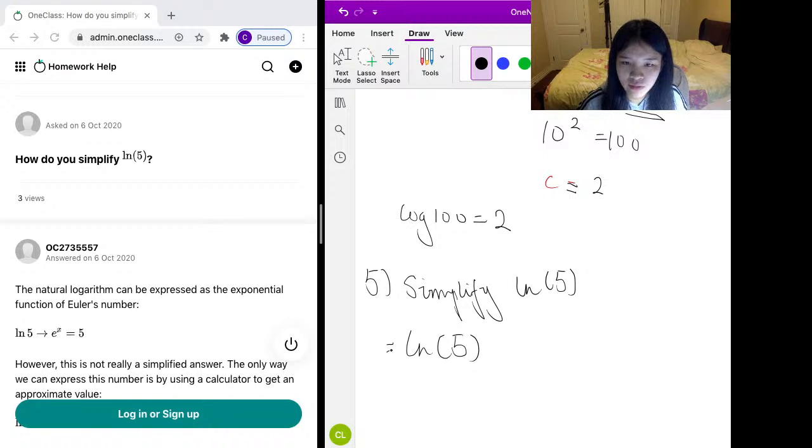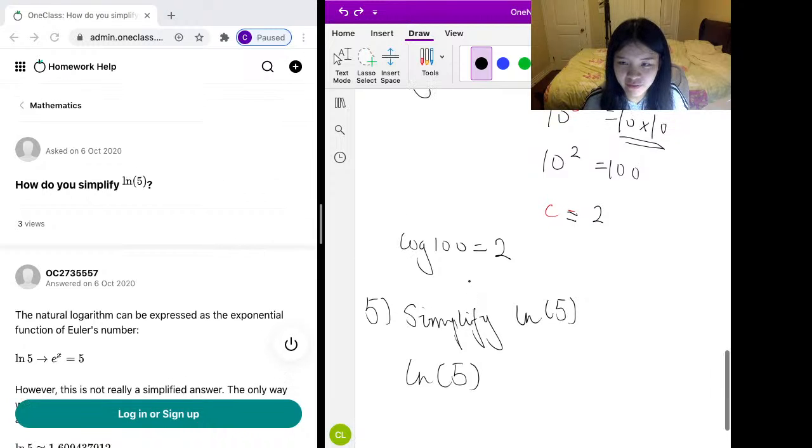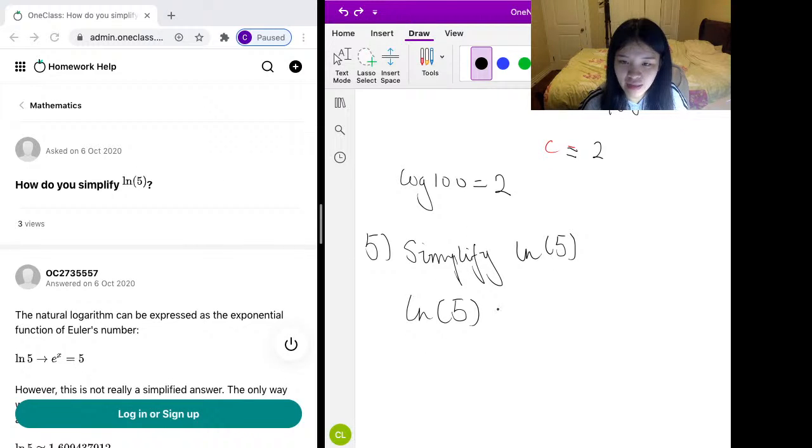One way to change the expression ln 5 is that we can write it in exponential form. So, as before, let's rewrite the rules again.